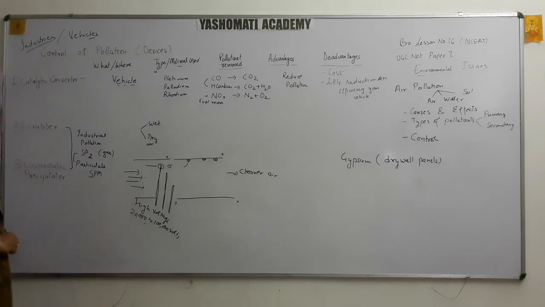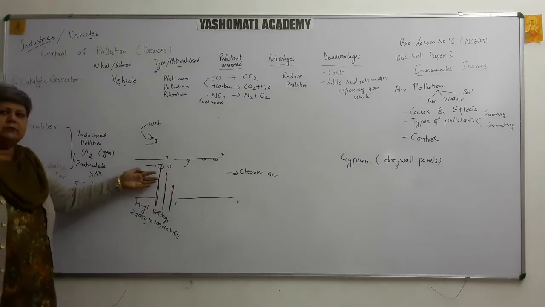Now what are the advantages? It depends on the type, because this electrostatic precipitator is of two types, that is dry or wet. In a dry electrostatic precipitator, the air is kept dry.